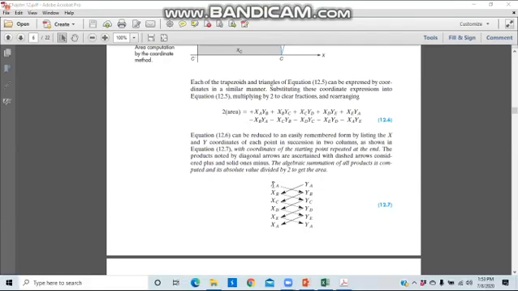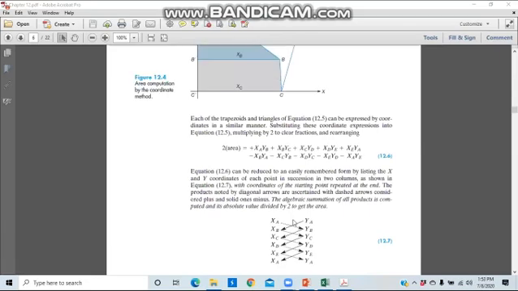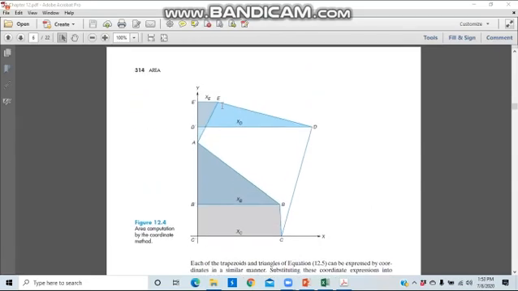Like if you multiply XA by YB, you will give it a positive sign. When you multiply YA by XB, you will give it a negative sign. So when you have all these products, you will add them together and divide by 2. Whatever the value will come, that would be the area of this traverse.